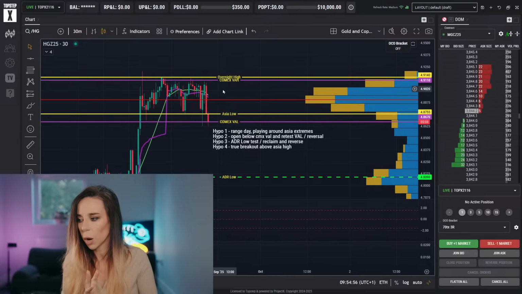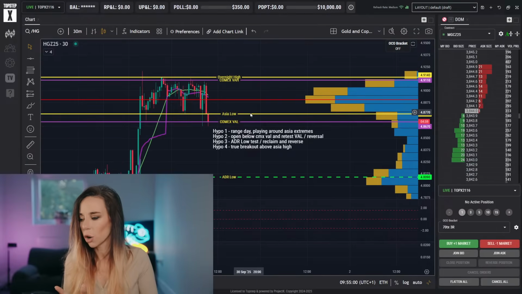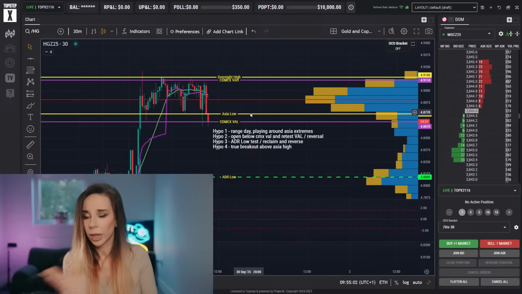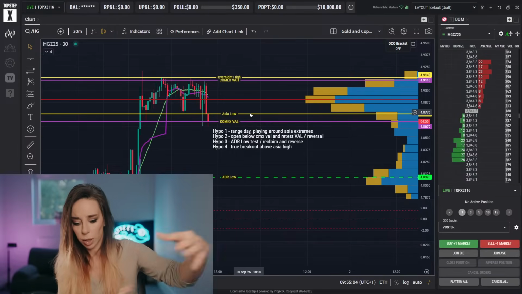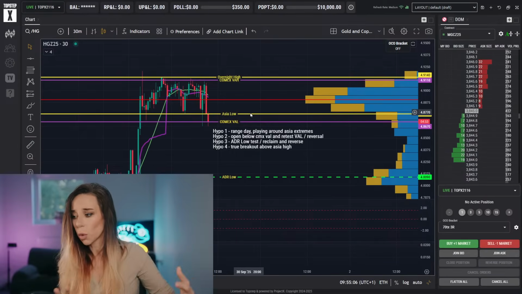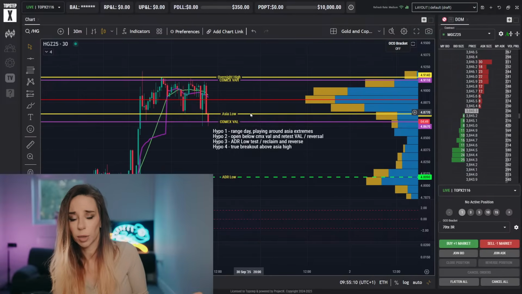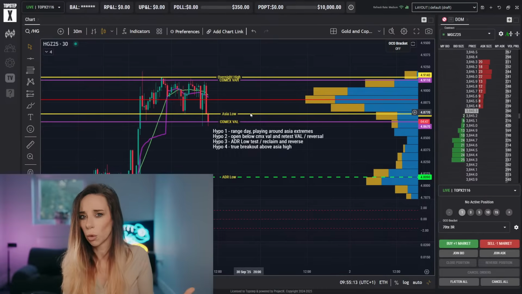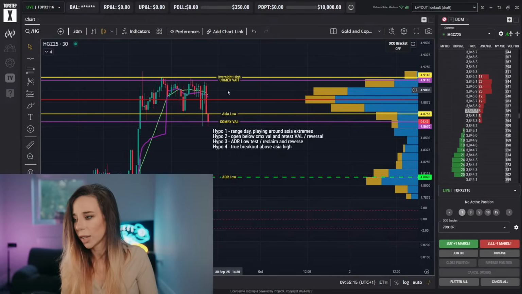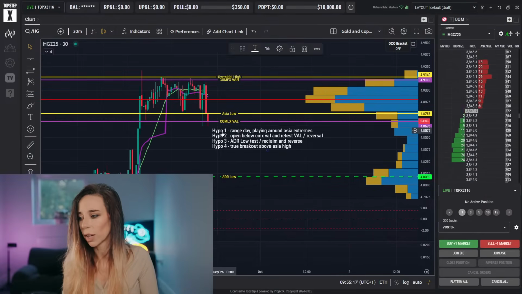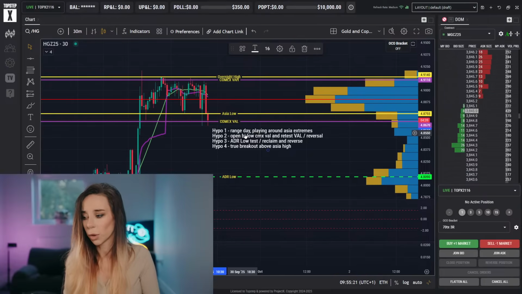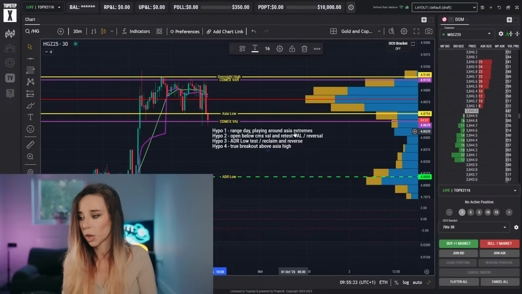If the run-up to the overnight high is all patchy, and it's not just all green candles that are slowly increasing in volume, I don't want to play the breakout, because usually that's a sign of false hope, a false movement. And in that case, you're more likely to default to hypo 1, which aims for this to be a range day, playing around Asia extremes.